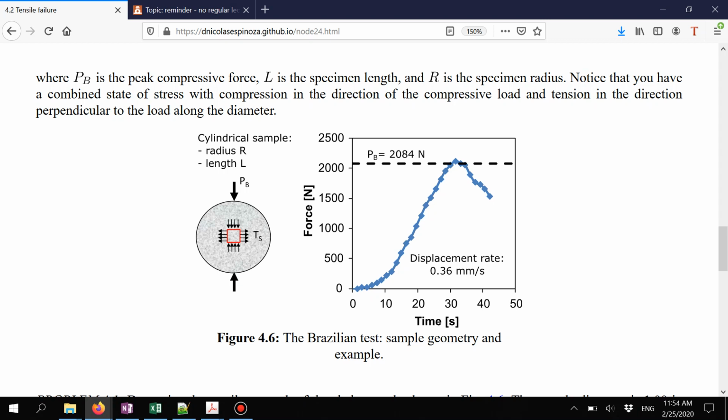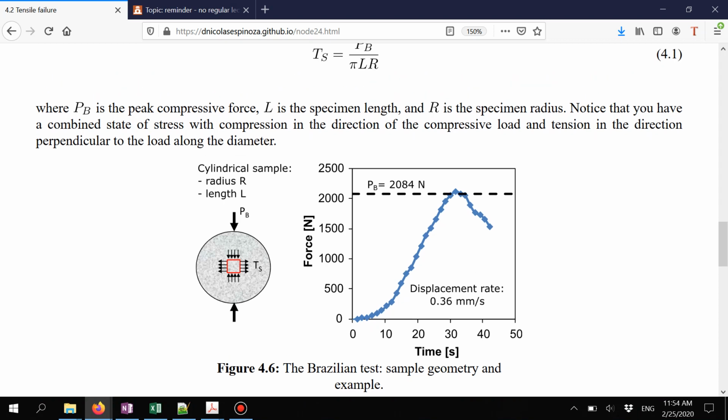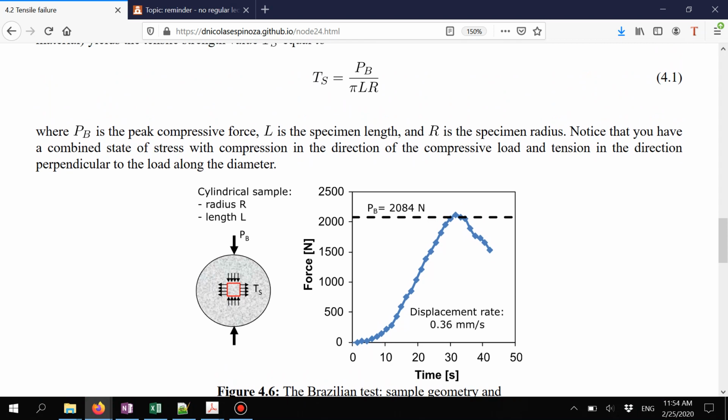You're going to load it, and the maximum load is going to give you, through an equation, the tensile strength. That tensile strength is going to be equal to the maximum force divided by the length of the material times the radius. This is a lot simpler than the previous test that we were showing, and this is the one that we're going to do in the laboratory.